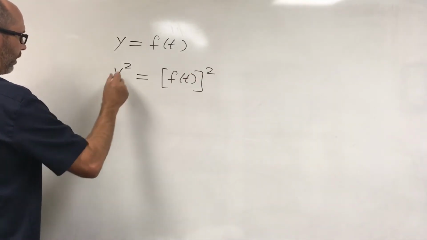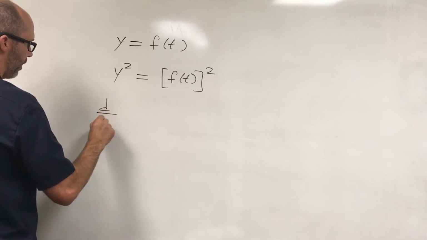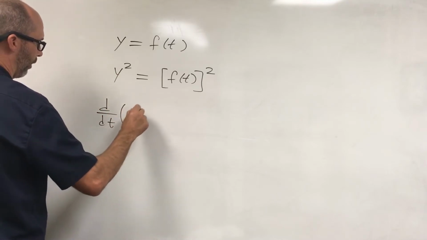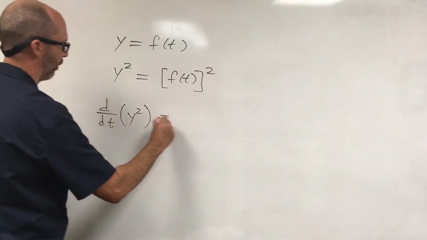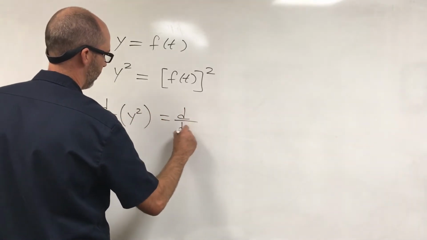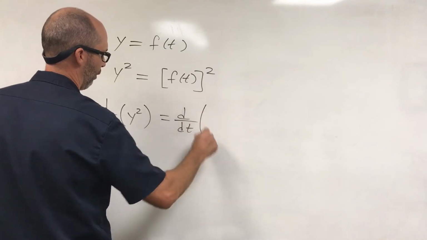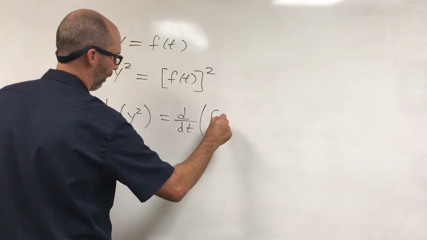Okay, so then taking d dt of both sides, or the derivative with respect to t of both sides, we have d dt of this mess over here.